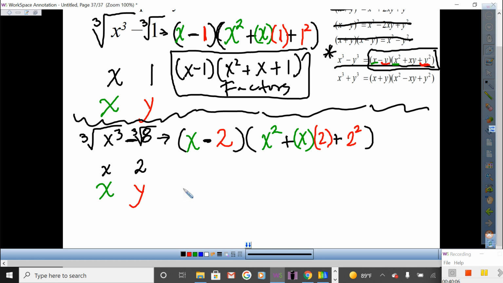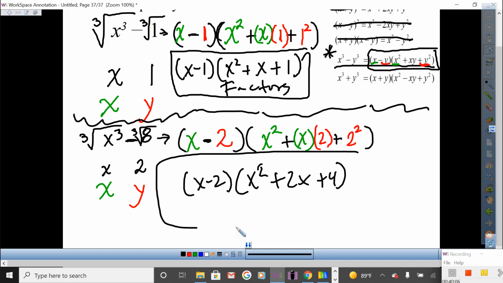Simplify, so this is x minus 2, x squared, plus 2x, plus 4. These are my factors. Right, the subtraction sign right here isn't a negative sign. This is part of the identity. So that's why you don't use negative whatever.